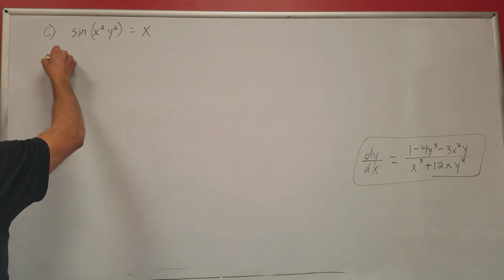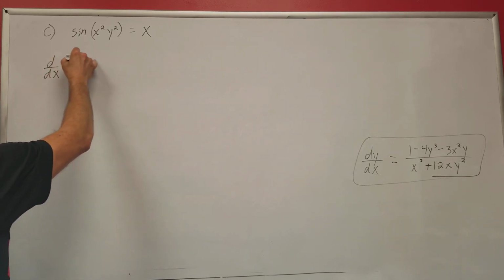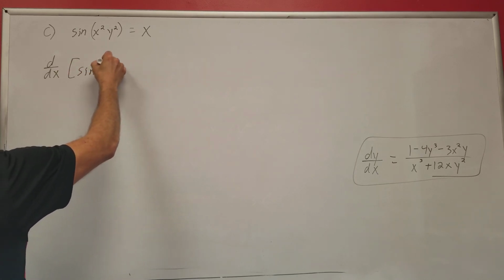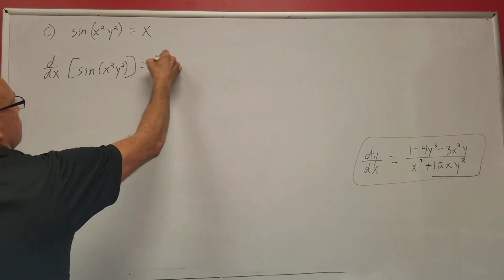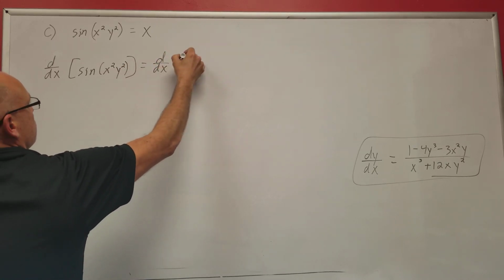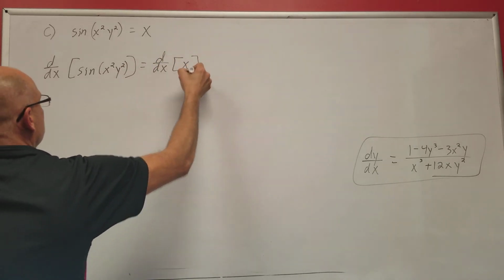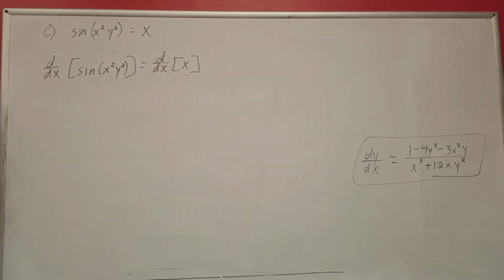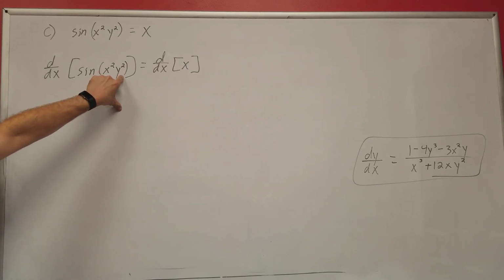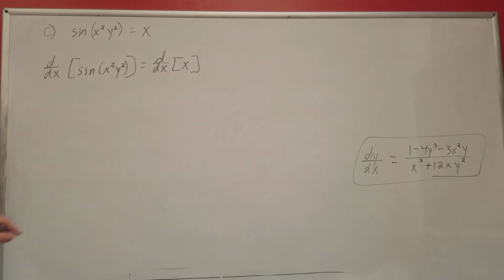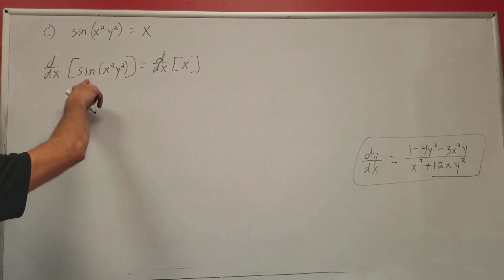So what happens if I take the derivative with respect to x of both sides? What do you notice here? You have an outside function and you have an inside function. So you're going to have to use the chain rule. What's the chain rule again?